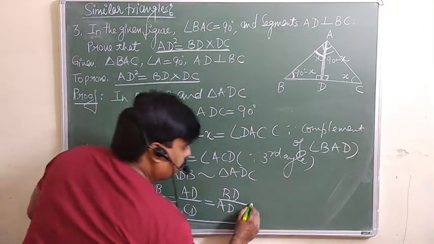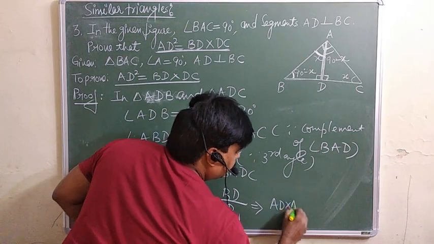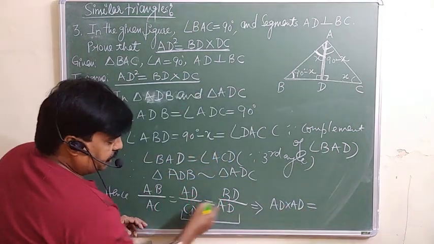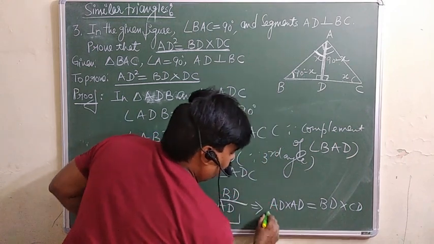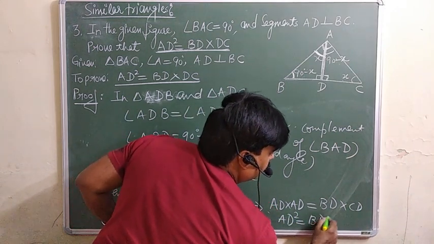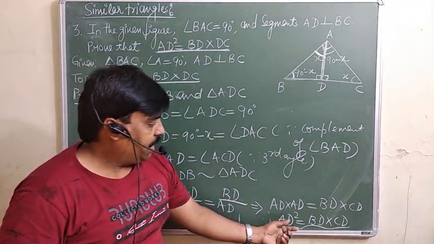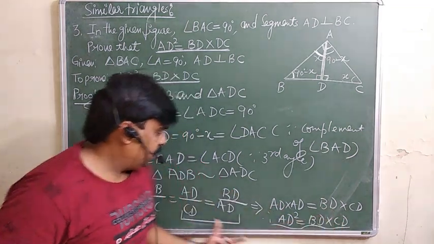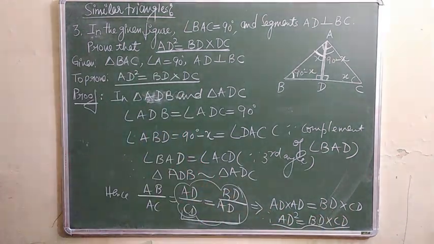So you can do the cross multiplication here. AD into AD is BD into CD. So therefore AD square is equal to BD into CD, which you wanted to prove. Just take these two only. Have a look.